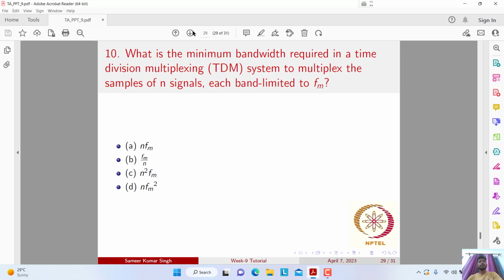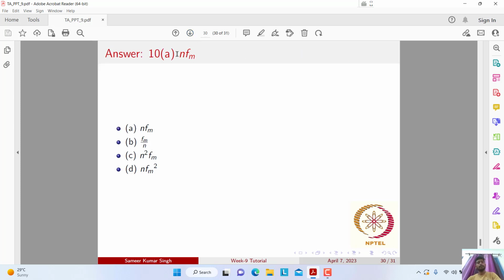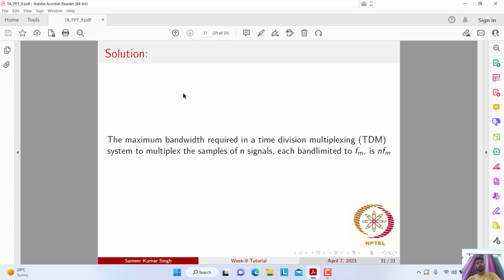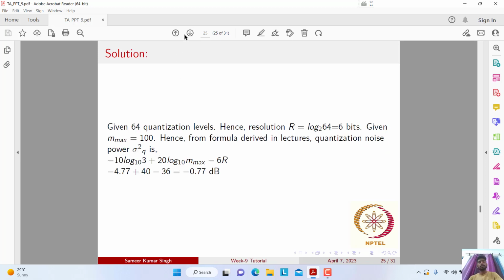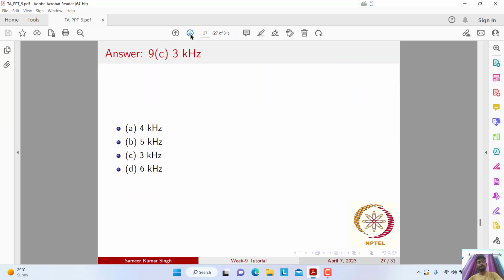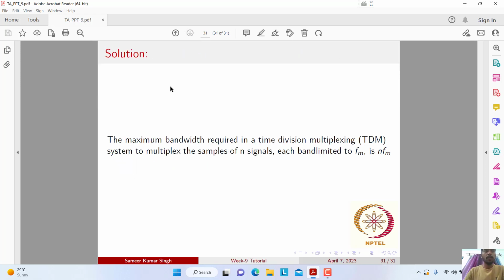Now we will go over the answer, and the answer is A part, that is N FM. That is the explanation. We are talking about the maximum bandwidth required in a TDM system to multiplex the samples of n signals, where each is band limited to FM.